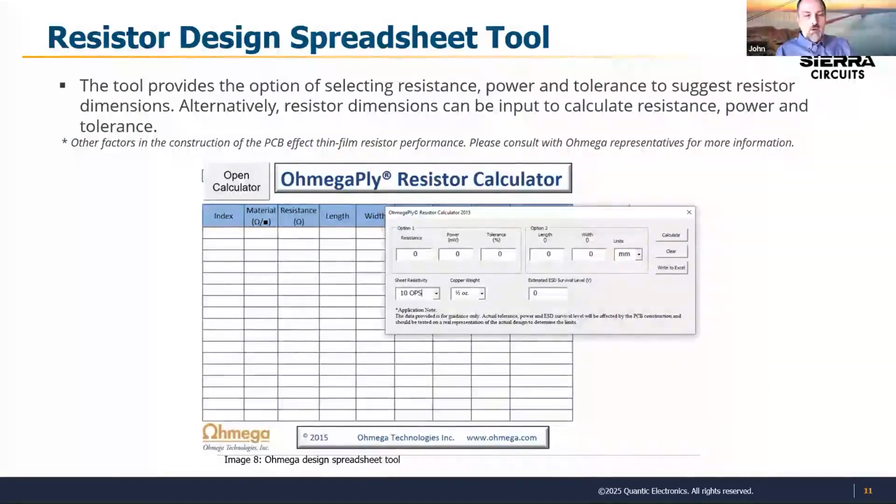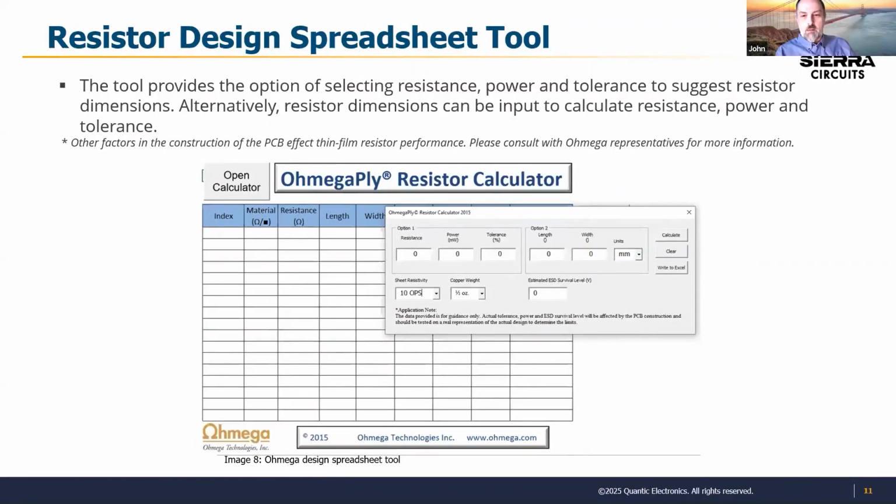But you can sign up for a technical library on our website. And so what happens is you can go two ways. You can either plug in the resistance you're looking for, the power rating you want and the tolerance, and you pick the ohms per square resistance material you want, and it'll come out with what length and width resistor you need.